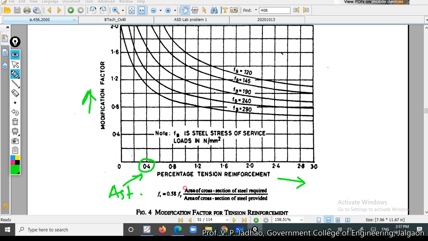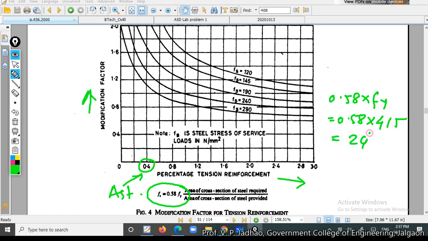For Fe415, we can calculate the value 0.58 into fy, that is equal to 0.58 into 415, which comes out to be near about 240. So we have to use the green colored line where fs is written as 240.